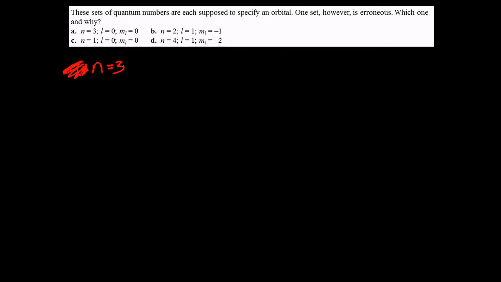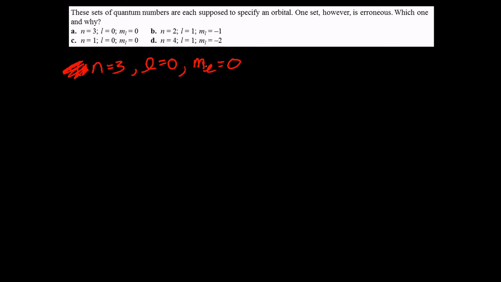So if we look at the first one here, A, if n is equal to 3, is L allowed to be 0? Yes, it is. Because remember, L can be anything from 0 up to n minus 1. So L can always be 0, which then leads us to m sub L being 0. So if L is equal to 0, can mL be 0?